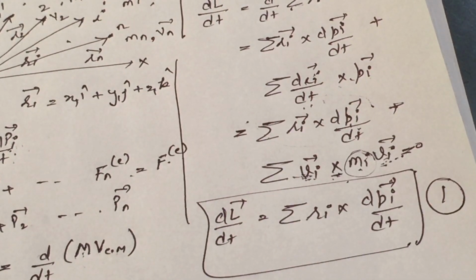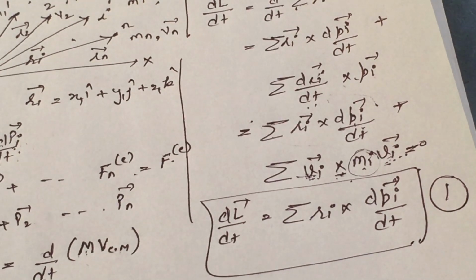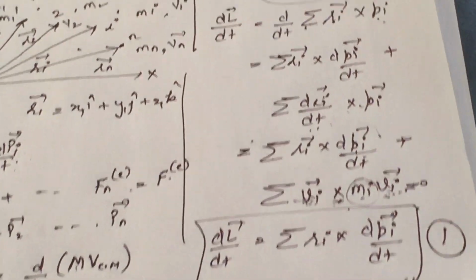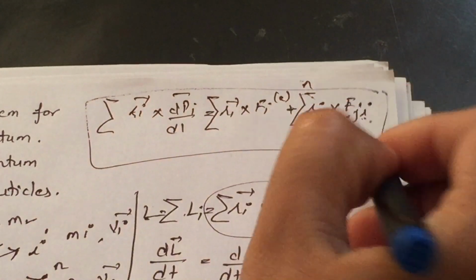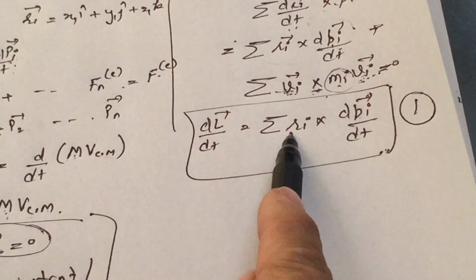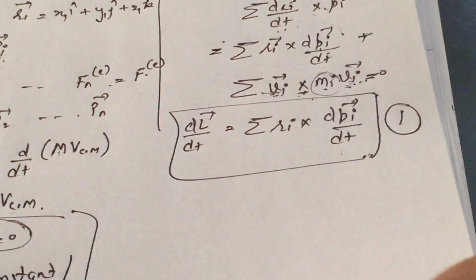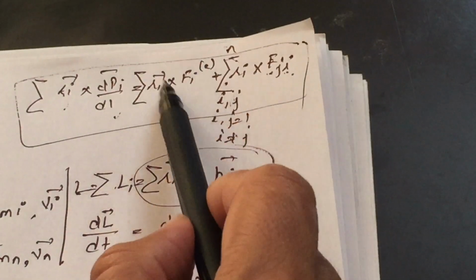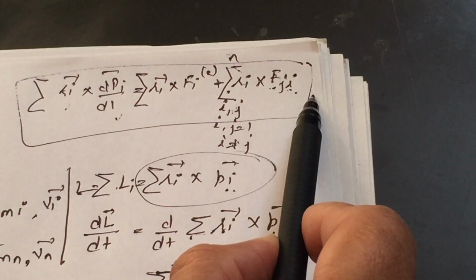Now we have another factor which we derived from the external and internal forces, and this factor is also ri cross dpi upon dt. It means this whole term is representing the change of angular momentum with respect to time.